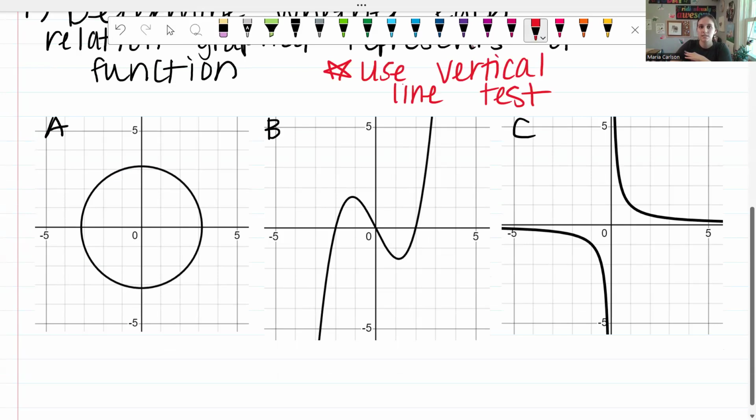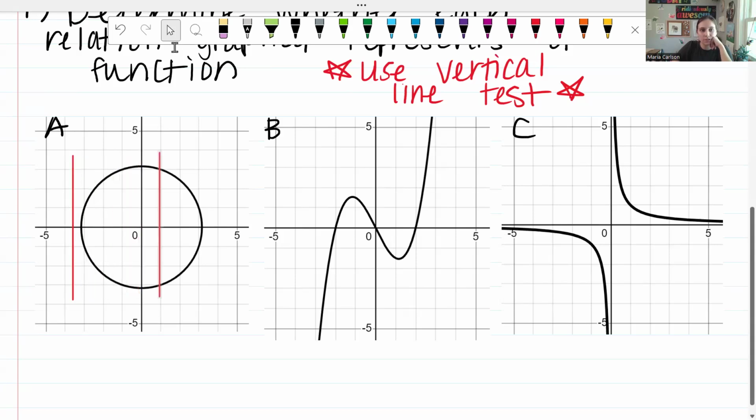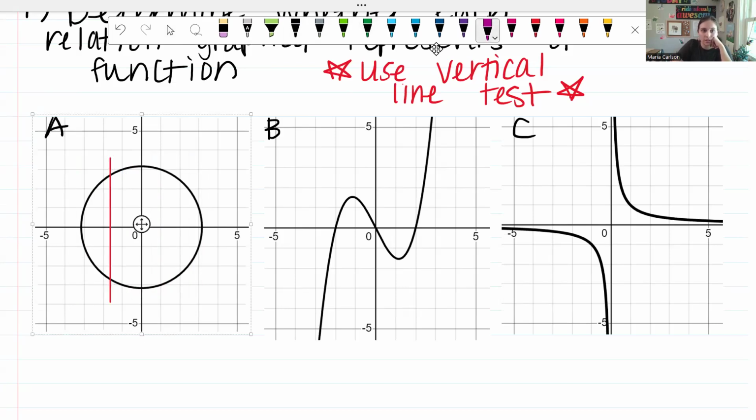What the vertical line test states is that if I have a straight up and down line, a vertical line, and I sweep that from left to right across my function, if at any place I cross more than once, so notice here, if I leave the line right here, this crosses our graph here, as well as down here.